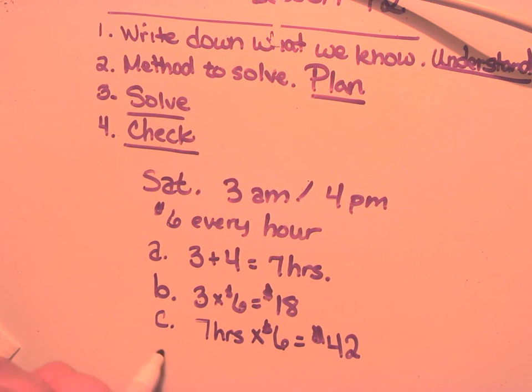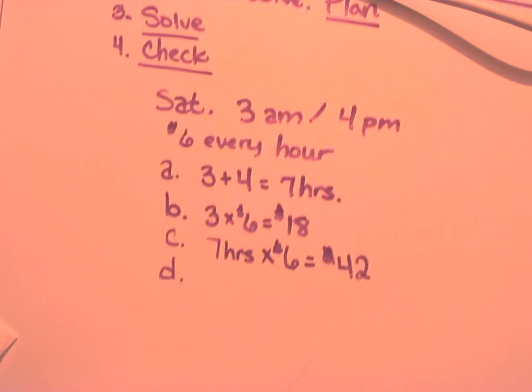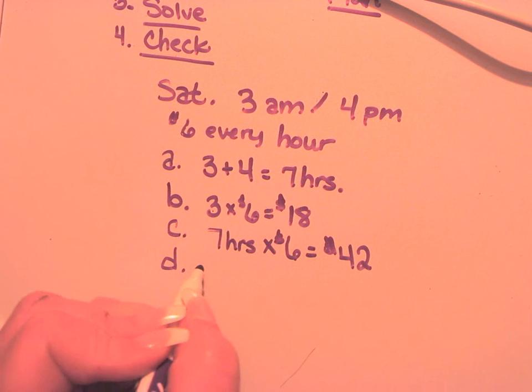And D, we have one more question there. How many different amounts of money could you make using any two of the 3 coins shown below? Name the amounts. So we want to know the amount of money we could make using 2 of the 3 coins. All right, so what coins do we have?